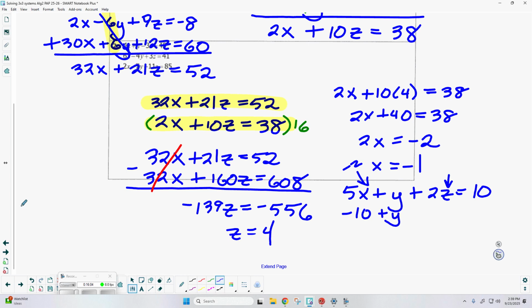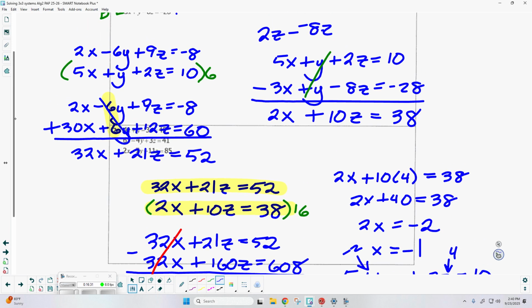Then if I plug that positive 4 in here, that's going to be plus 8 is equal to 10. Okay, so negative 10 plus 8 would give me negative 2 is equal to 10. So what am I getting for y? Wait a minute, did I make a mistake? Negative 10 plus y plus 8. Was it equal to a negative 10?